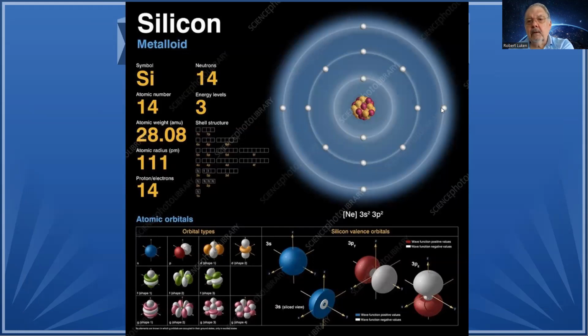It tends to make a nice symmetrical crystal because these 4 electrons can, I want to say mate, but connect to other silicon atoms, and you wind up with what they call covalent bonds. So it makes a nice symmetrical crystalline structure.